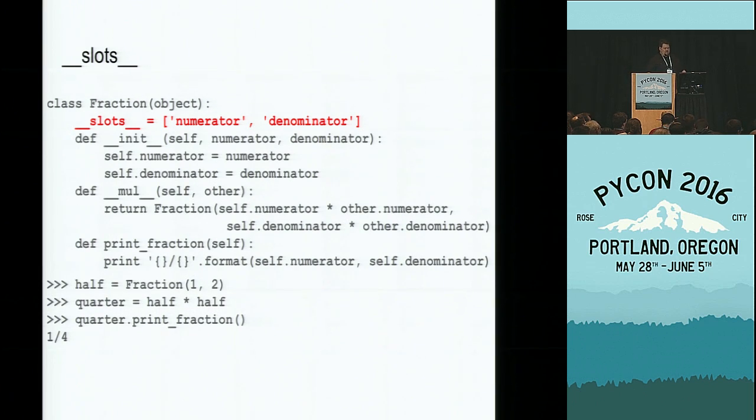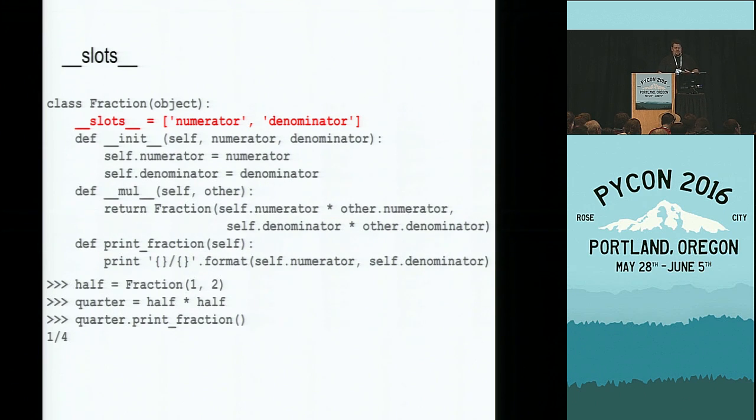It saves memory. So __slots__, you set to a list of those attributes. So since we end up setting for the instance, numerator and denominator, so that's just on the instance, class attributes like methods aren't affected. And then we could use it, and it would look exactly the same.